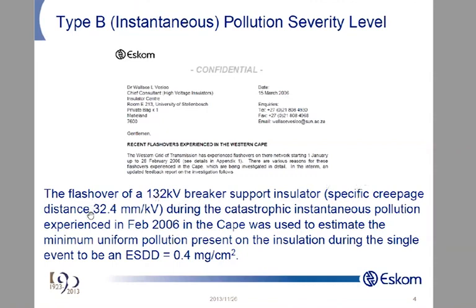We got the creepage of nearly 33, so 32.4 millimeters per kV. And we know that it flashed over during our events. So we could re-engineer backwards, making use of Ohm's law and some other little formulas. And we could calculate that it should have had a 0.4 milligrams per centimeter squared. That's very high. So now we got an idea of what happens during such an event.